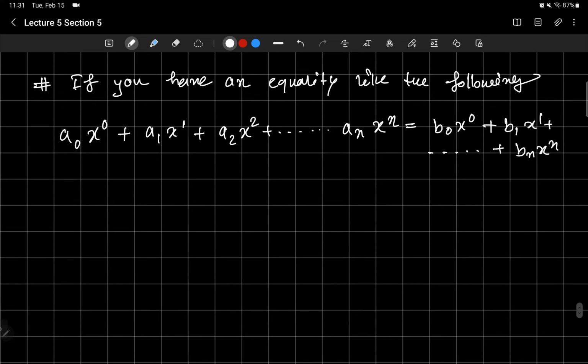So if you have this thing that I wrote over here, let's call this equation 1. This is a general form of an equality, and if you have an equality like this, what you do is match the coefficients, and you match them in such a way that the variable has the same power on both sides. So if you want to match b0 with something on the left hand side, it would be with a0, that has x to the power 0, which is basically 1. You can also have negative powers as well.